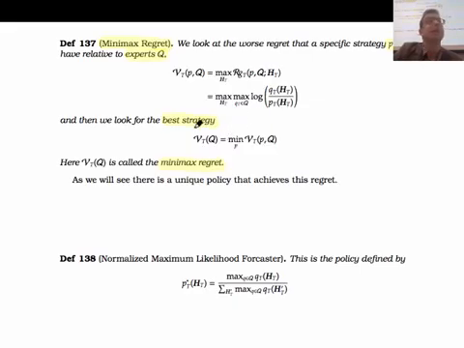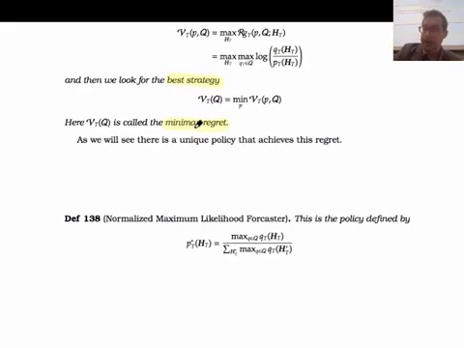So I can give you a way of summarizing the expert advice that you've been given so far so that under all eventualities you do as best as possible. That specific policy is the following. It's called the normalized maximum likelihood forecaster.